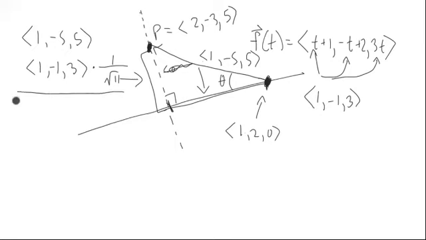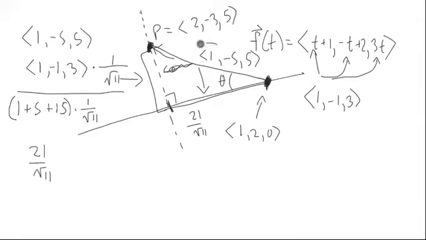So we have 1 plus 5 plus 15, times 1 over square root of 11. And that becomes 21 over square root of 11. Okay, so that's the projected length right down here. Now, how long is this from here to here? Well, this is the vector right here that describes it, that we got from this minus that.